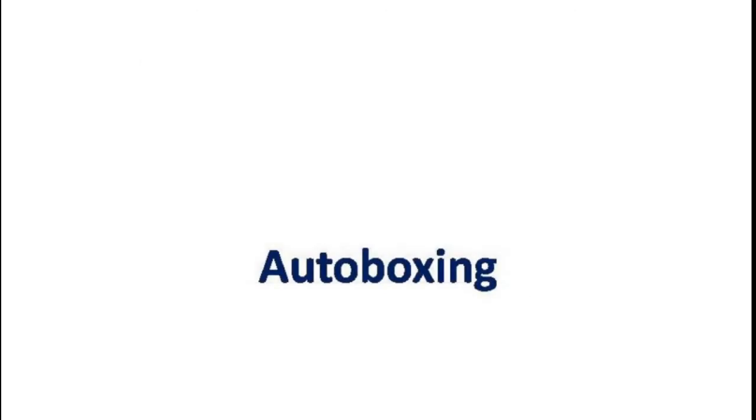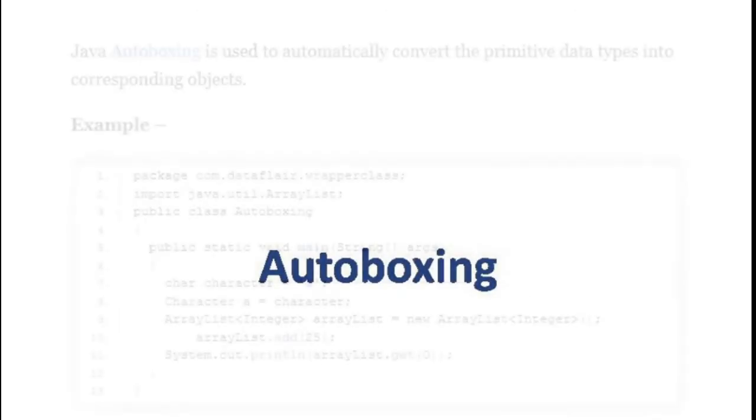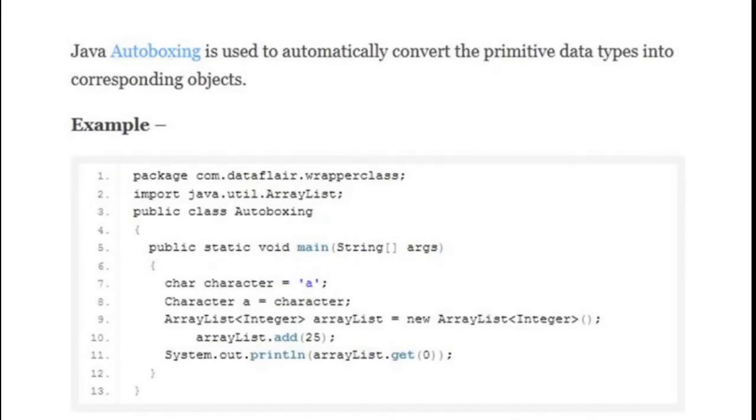Now, what is autoboxing? Autoboxing is a phenomenon in which the primitive data types get converted into their corresponding objects or reference data type, or we can say the primitive data types are getting converted into their wrapper classes. Java autoboxing is used to automatically convert the primitive data types into corresponding objects. Like in this example, as you can see, in the main function we are making a primitive data type char variable called character, and we are initializing it with character small a.